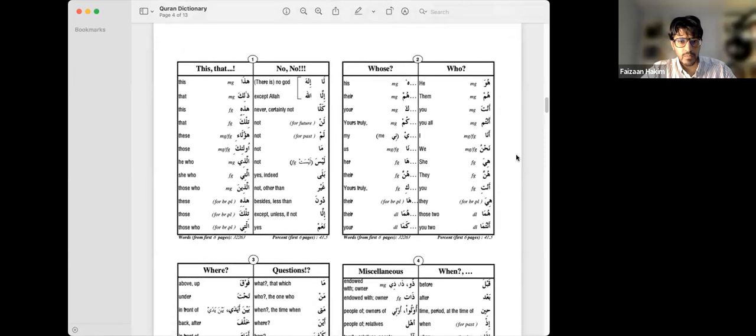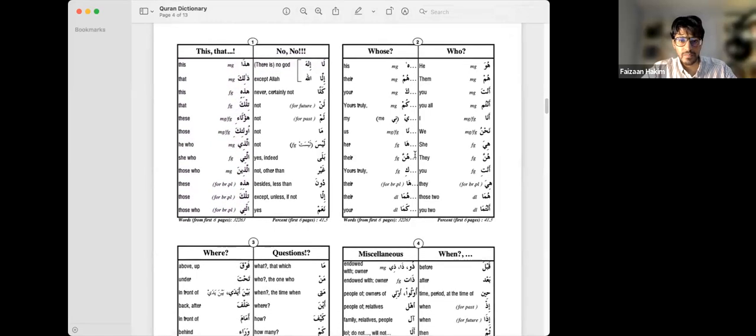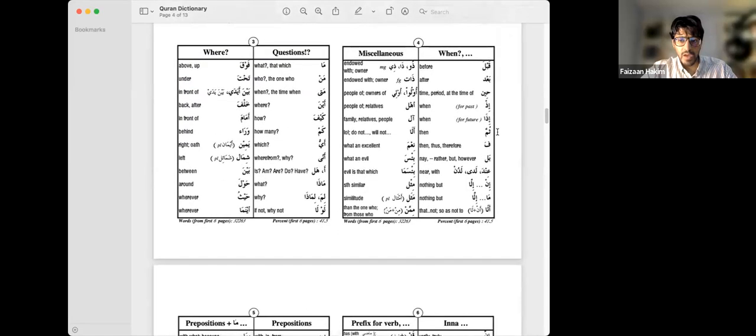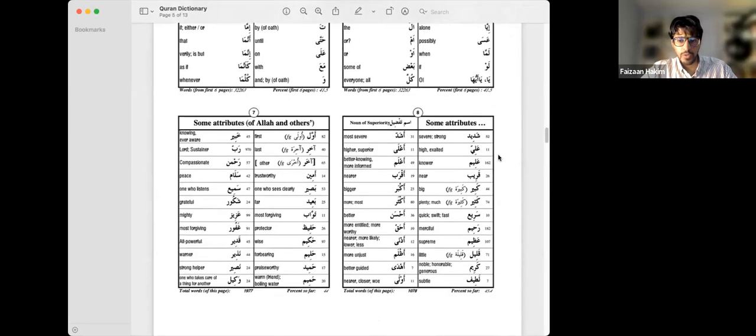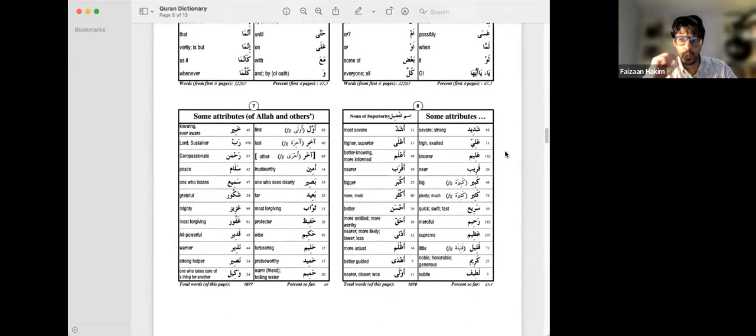So you might notice some of these words. Dhalika al-kitabu la rayba fih. At the moment, this is just kind of a bundle of words. What I want to do now is explain how words work. And using this understanding, we can begin to learn these words.